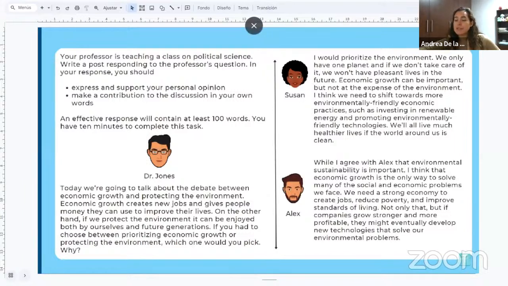So even if it looks like an open question, you could say I prioritize environment, economic growth, culture. I prioritize sports. I prioritize infrastructure. So you could talk about many infinite possible answers. It's always better to agree with one student.